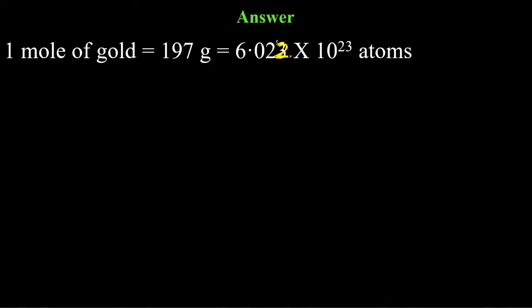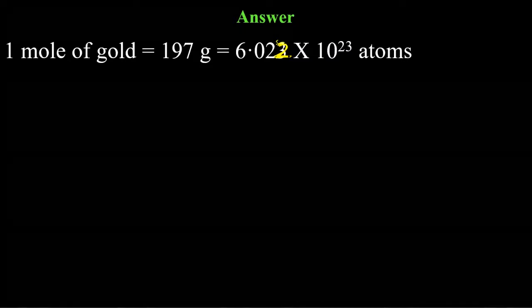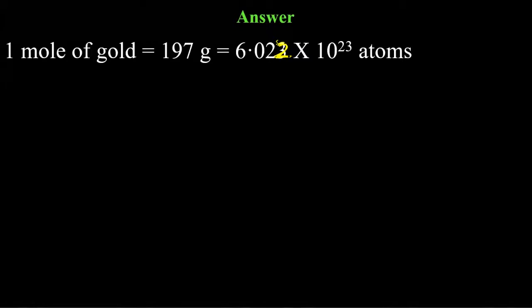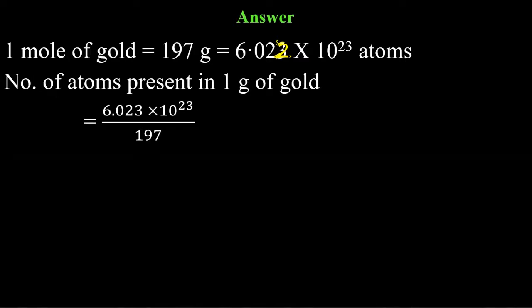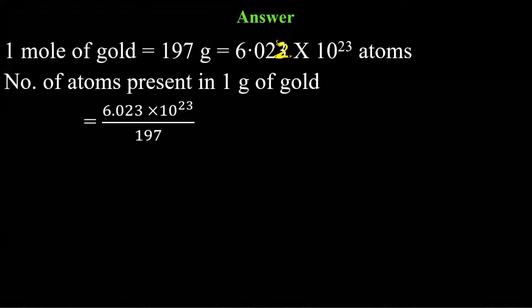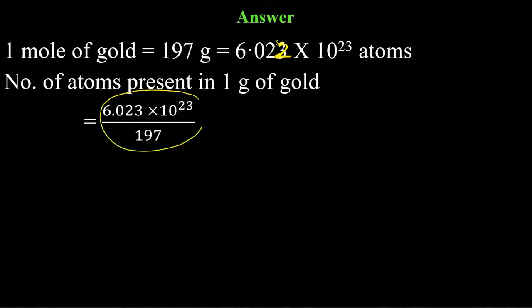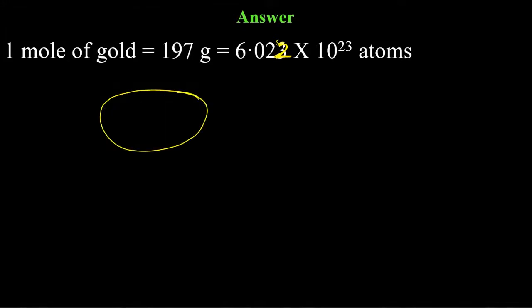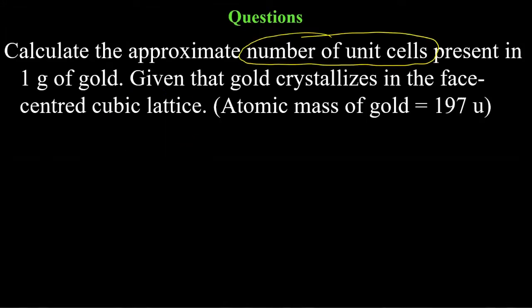So we know that 1 mole of gold is 197 gram. And 1 mole of anything has 6.022 into 10 power 23 entities. Here we are talking about atoms. So from here we can get in 1 gram how many atoms will be there. Now see the question. What type of lattice we are talking about? Gold crystallizes in face-centered cubic lattice.